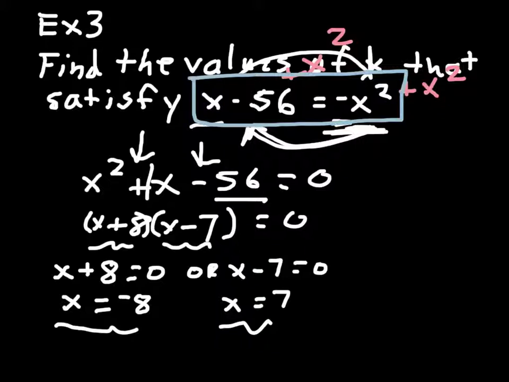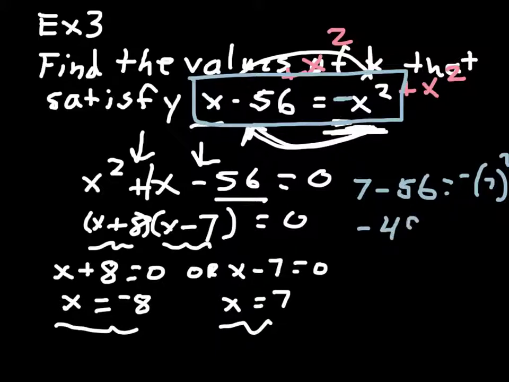Alright, so 7 minus 56 should be equal to whatever the opposite of 7 squared is. So in other words, you're going to take the opposite of whatever x squared is. Alright, so 7 minus 56, let's see, that's a negative 49. Is that equal? Let's see, what's 7 squared? 49. What's the opposite of 49? Negative 49.